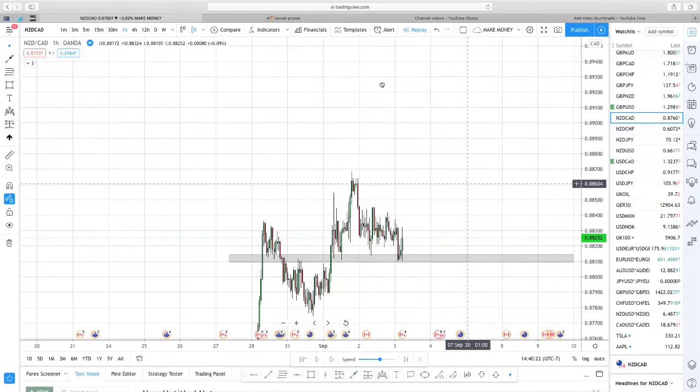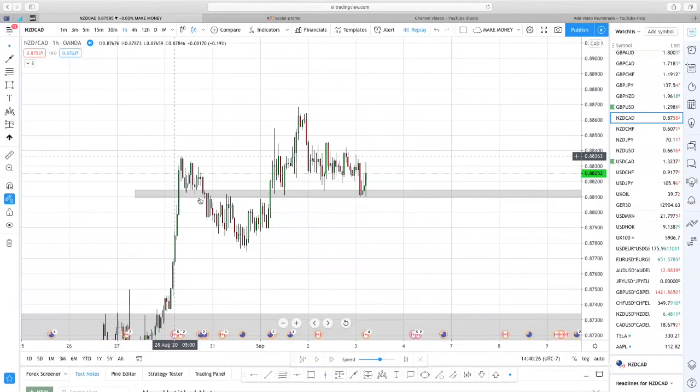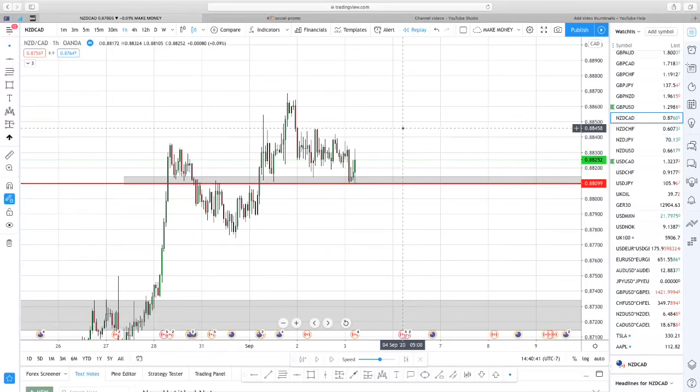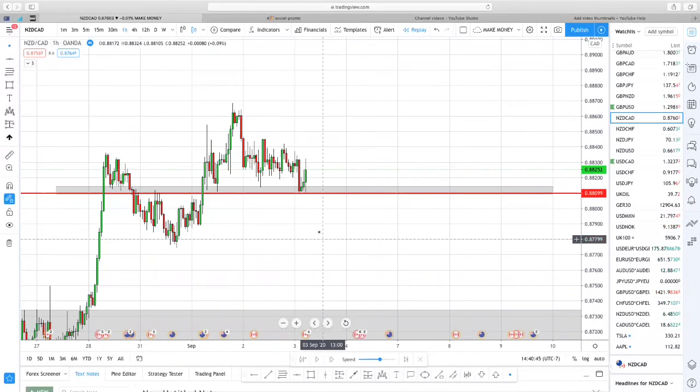So coming here, NZD CAD, we've broken above these areas. You've marked out your zone, and you're anticipating that price is going to keep falling down and eventually entering you into your sell stop, illustrated by this red line. So as price is coming up right now, you can place this trade.